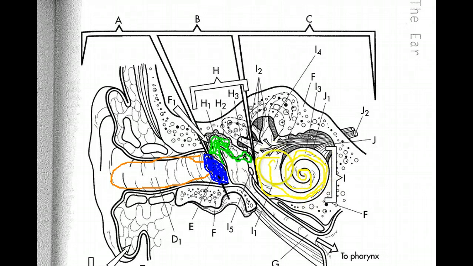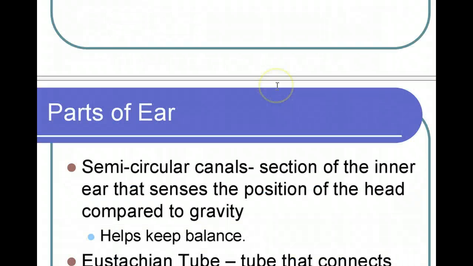This is the part of your ear where the mechanical waves that have traveled from the outside of your ear to this part are changed into electrical waves. Okay, so this is the auditory canal, eardrum, auditory ossicles, cochlea. Okay, now we're going to switch back to the PowerPoint, talk about some new parts of the ear.